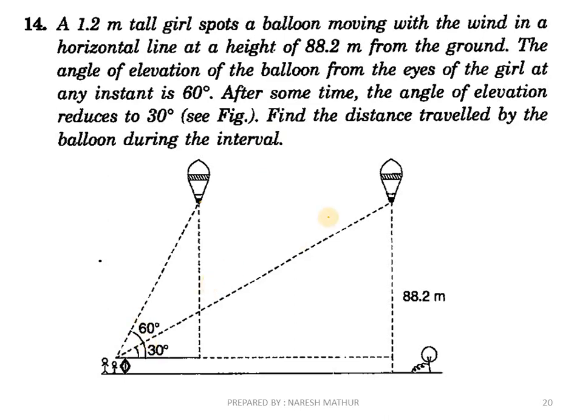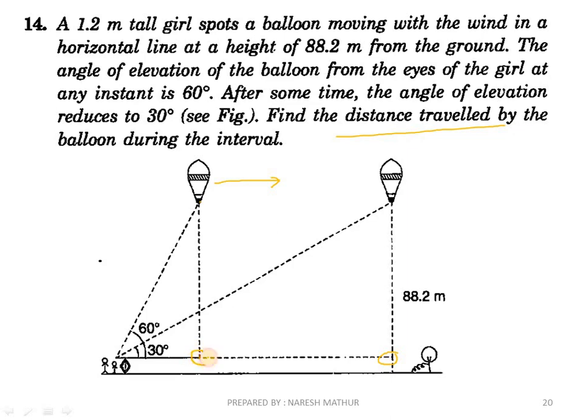After some time, when the balloon has moved in a particular direction, the angle of elevation reduces to 30 degree. We need to find the distance traveled by the balloon during the interval. It means we need to find the distance between this point and this point.